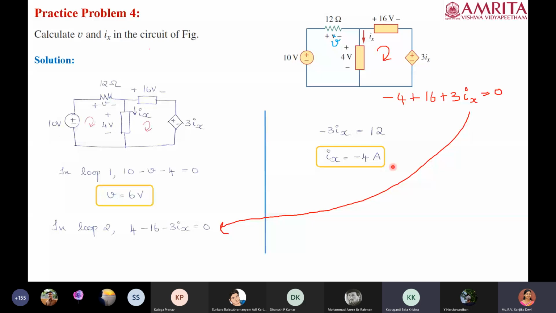If you solve it, Ix will be again -4 amps only, right? For the equation I have written. Current will not be negative, no ma'am? Current will not be negative, which tells that the convention I have taken has to be the opposite. For this assumed direction of current, Ix is negative.